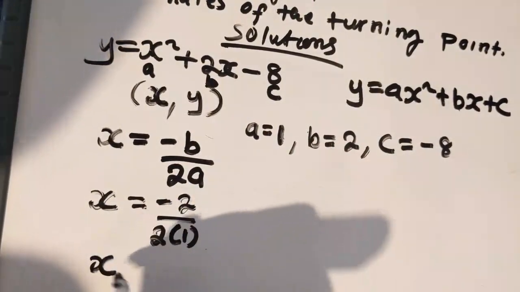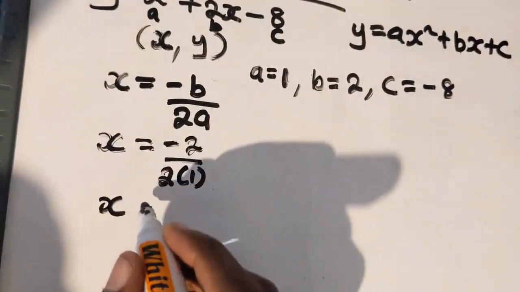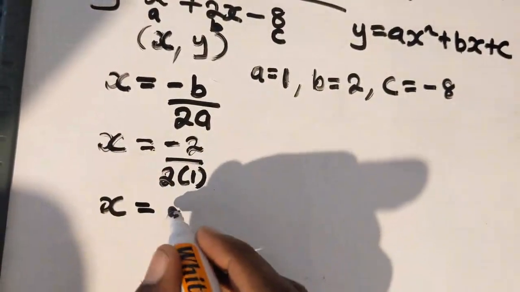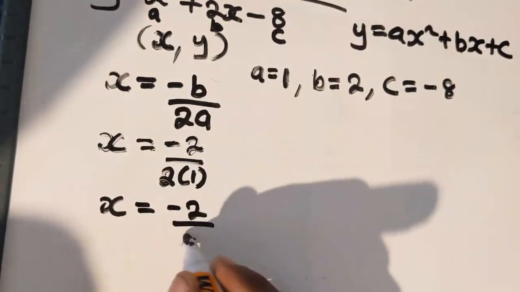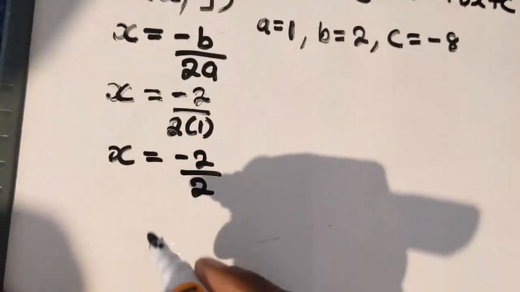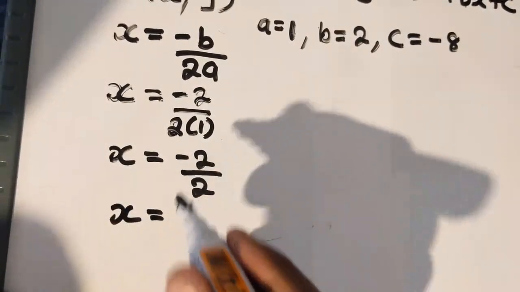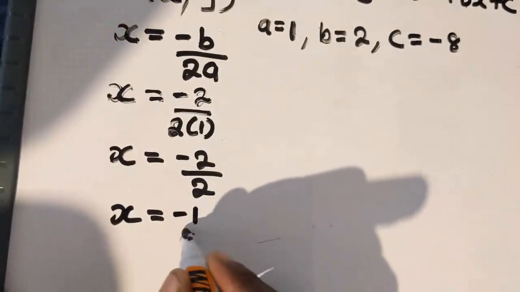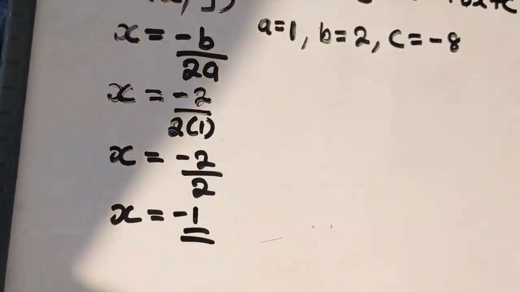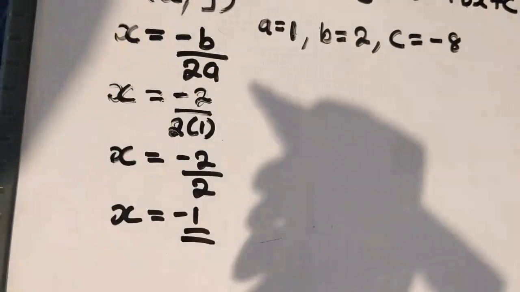So x is going to be negative 2 over 2 times 1, that is just 2. Then x is equal to negative 2 divided by 2, that is negative 1. So we know that our x coordinate is negative 1.